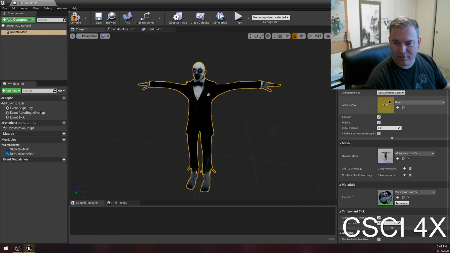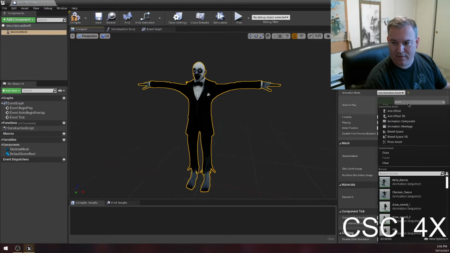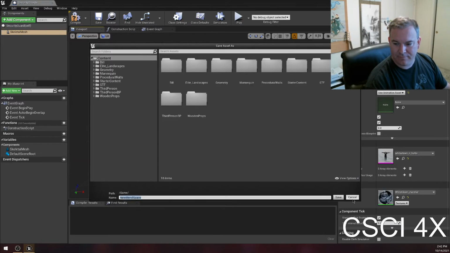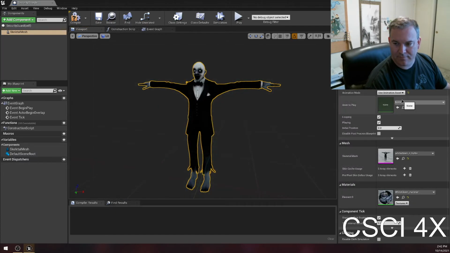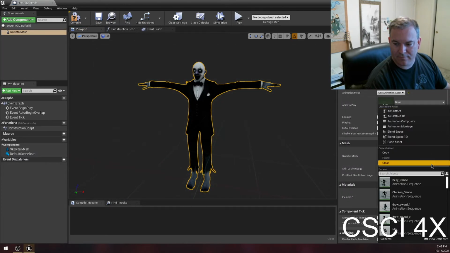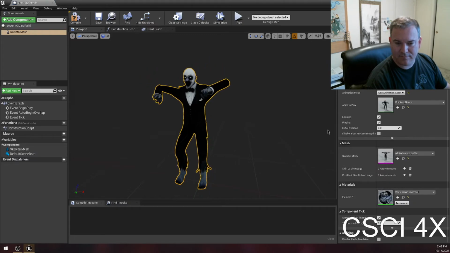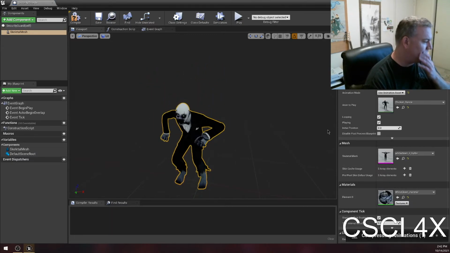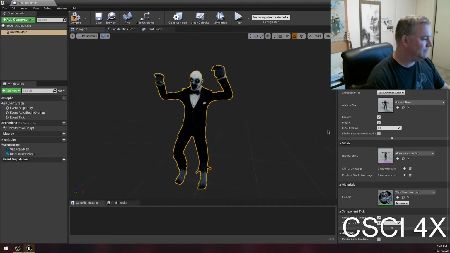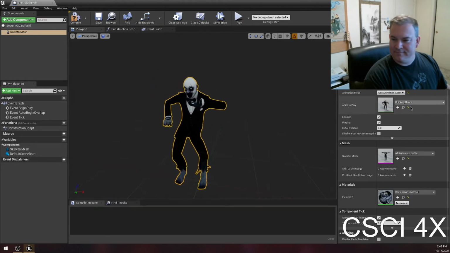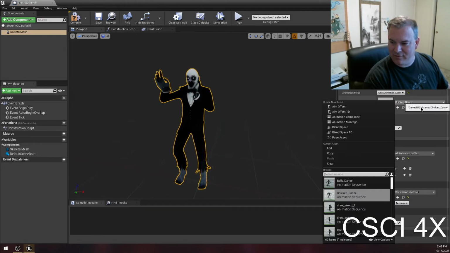Animation blueprint, animation asset. That's a little disturbing.